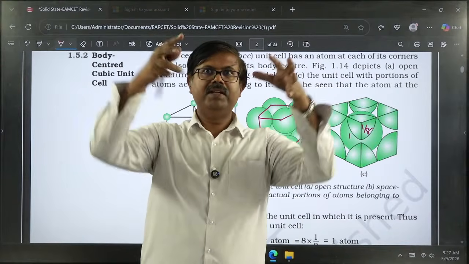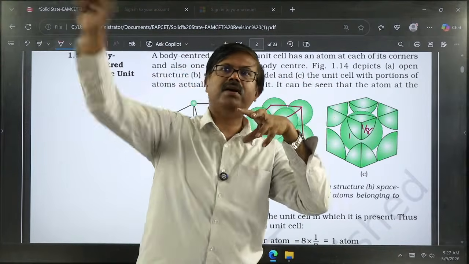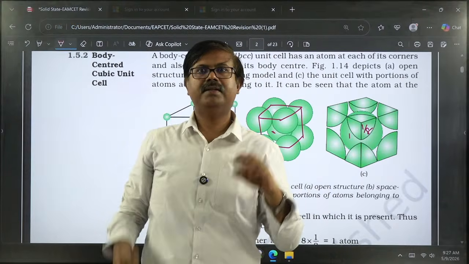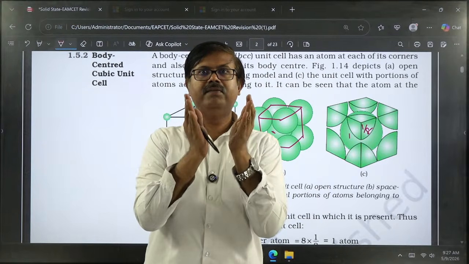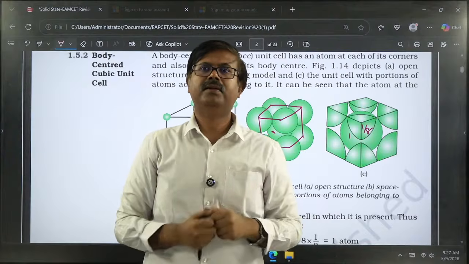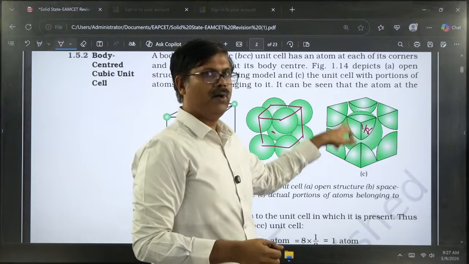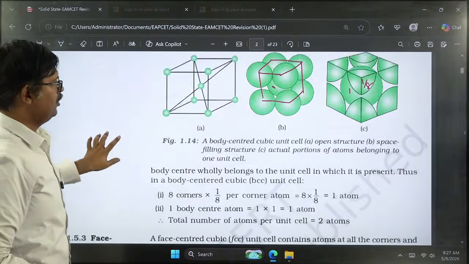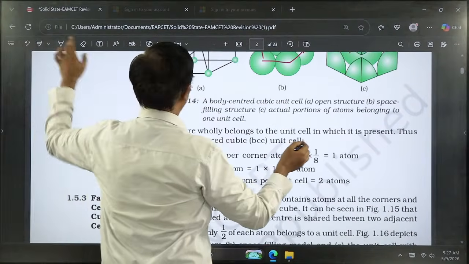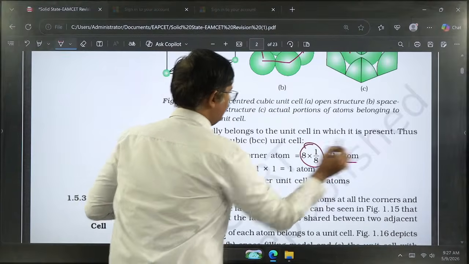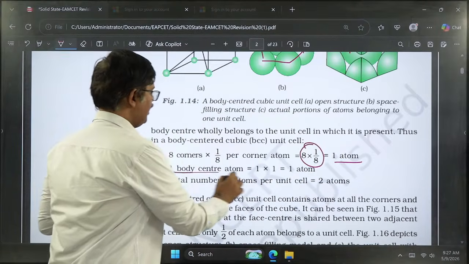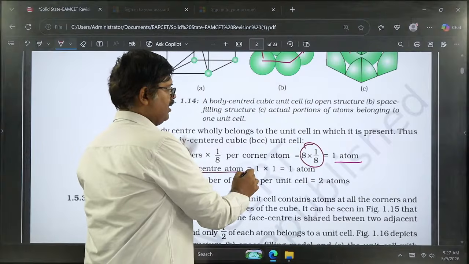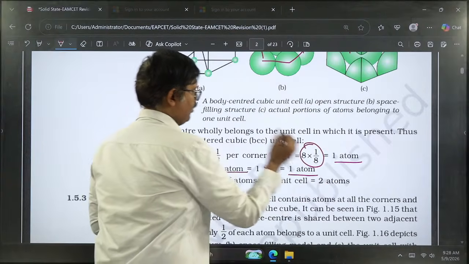If there is an atom within the cube, it is not shared with any other unit cell. It is entirely present within that. Therefore, its contribution is 1. So 8 corners, 8 into 1 by 8, is 1 atom, plus 1 body center atom with contribution 1.